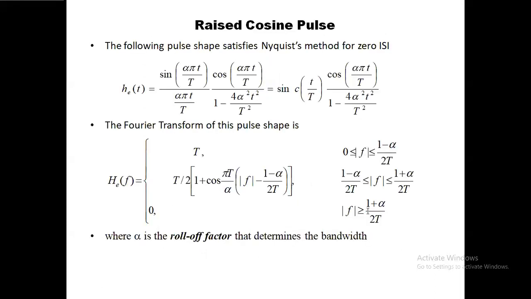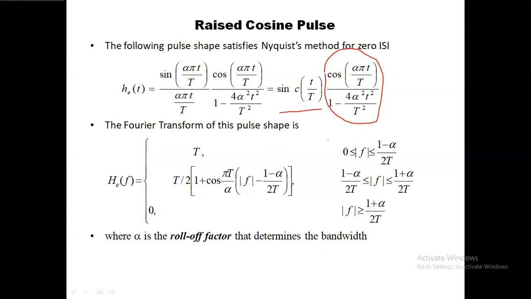This task can be achieved by this raised cosine filter, that this component is multiplied with the sync pulse to make it a raised cosine pulse. This raised cosine pulse has some roll-off factor, and that roll-off factor depends on the value of alpha. Alpha is the roll-off factor.